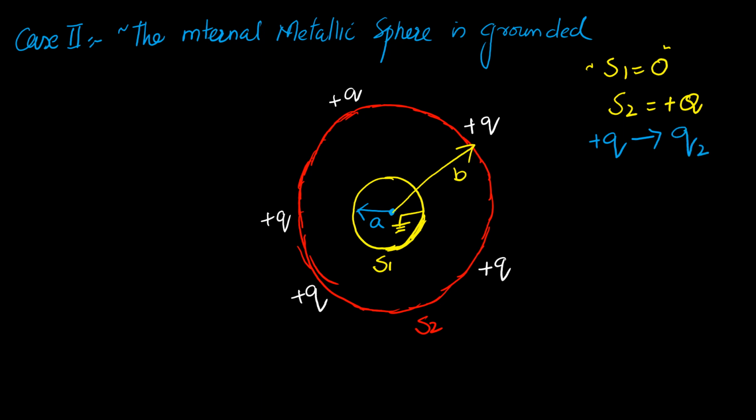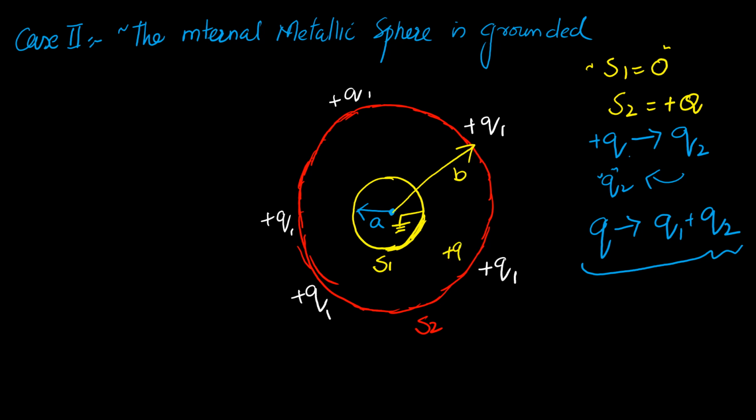So the total charge Q is divided into Q1 and Q2 charges due to induction, and internally there will be plus Q2 due to induction.